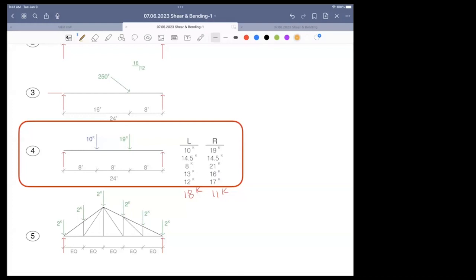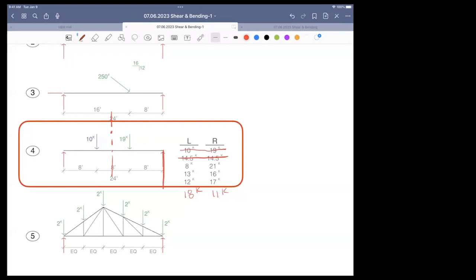Is there a quick way of getting the reactions? I'm sorry, we can't interact, but this answer is stupid. This one is typical NCARB. They say 10 goes here, 19 goes here. That's not true, because they both share. Any answer, let me think for a minute. The center line is over here. It looks like the right of the center line has 19 kips and the left of it has 10.